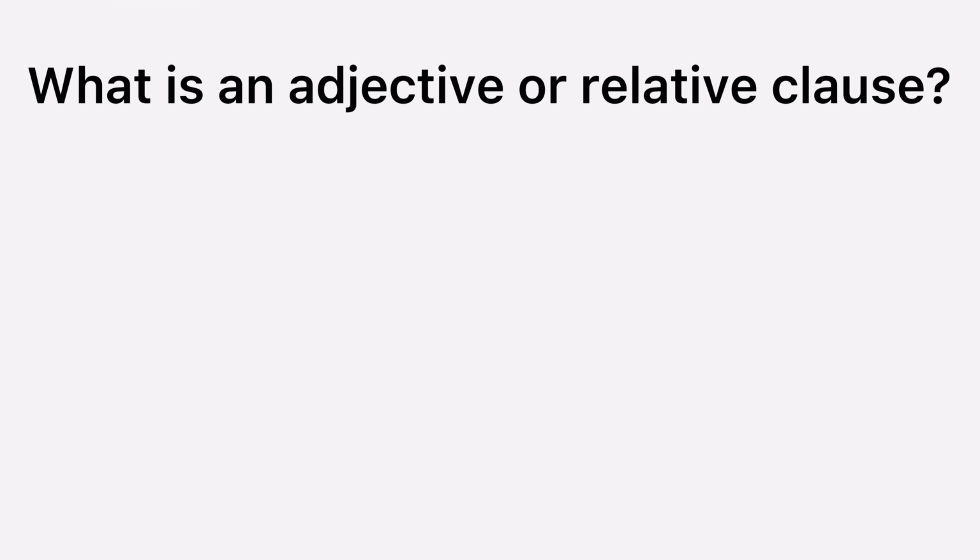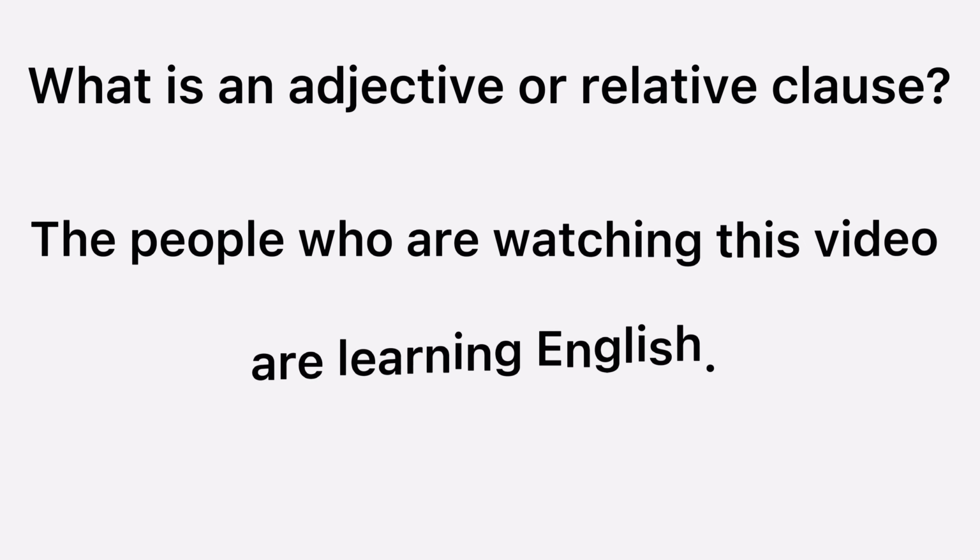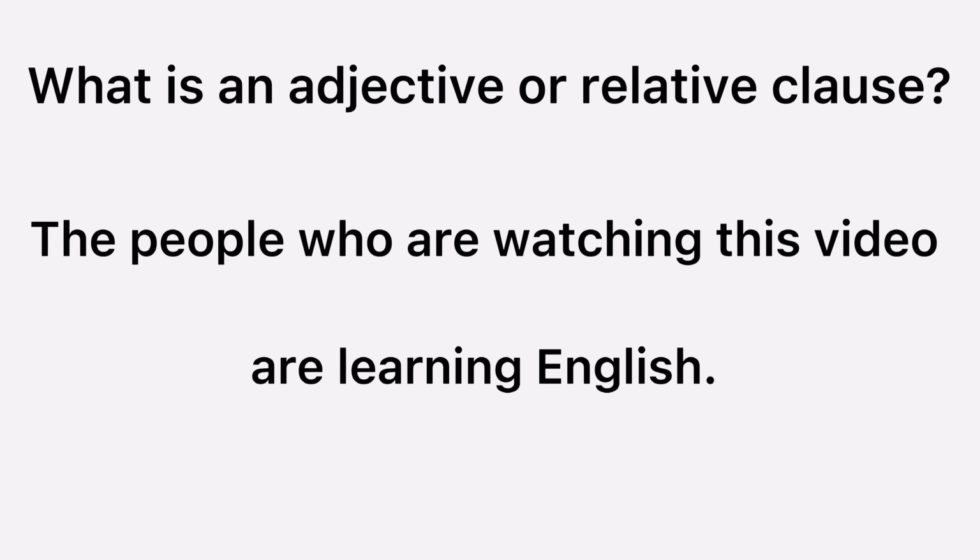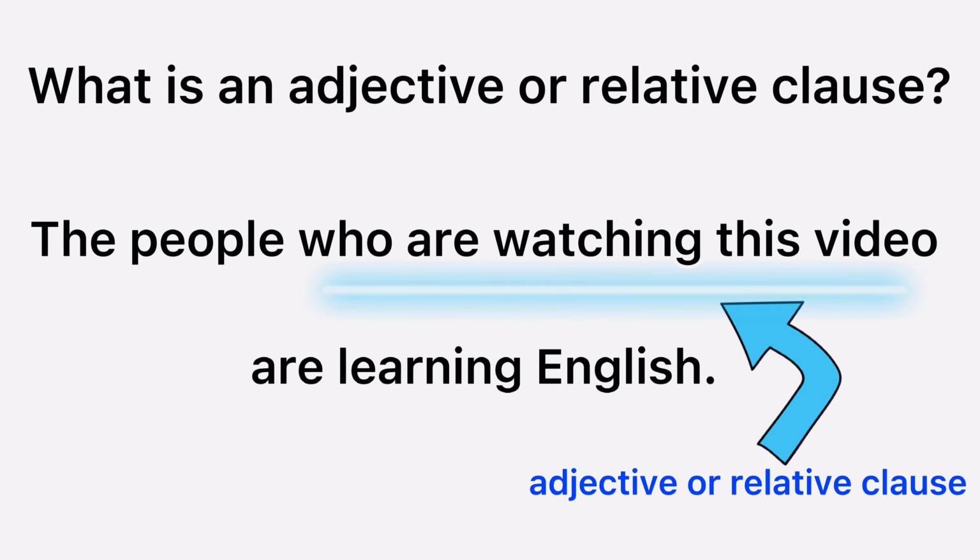First, we need to know what an adjective or relative clause is. The first sentence I gave you earlier has an adjective or relative clause. Who are watching this video? How do we know that this is a relative clause? A relative clause starts with a relative pronoun or a relative adverb.